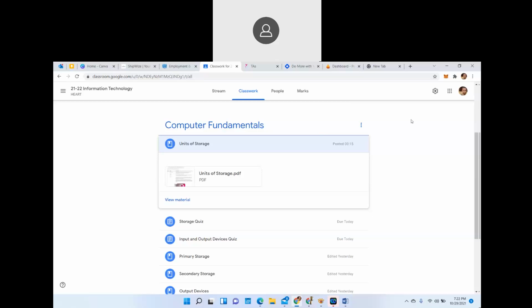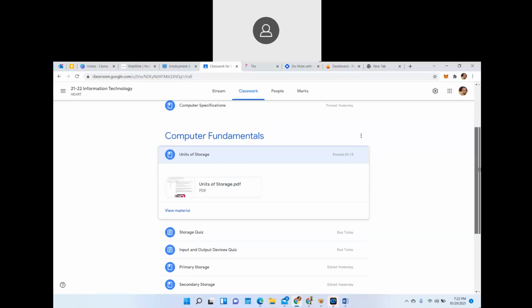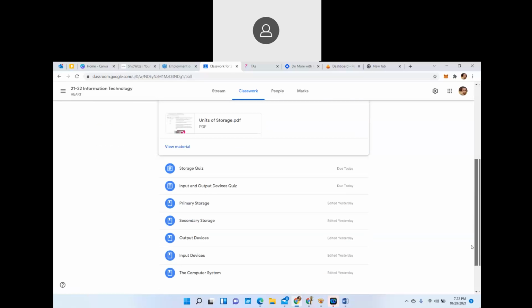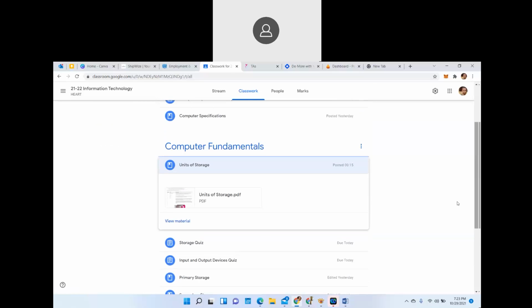All right, so today's topic is a continuation from last class, where we're going to do units of storage, then computer specifications. We looked at the different types of storage devices last class. Can anybody recall some of the storage devices that we looked at?